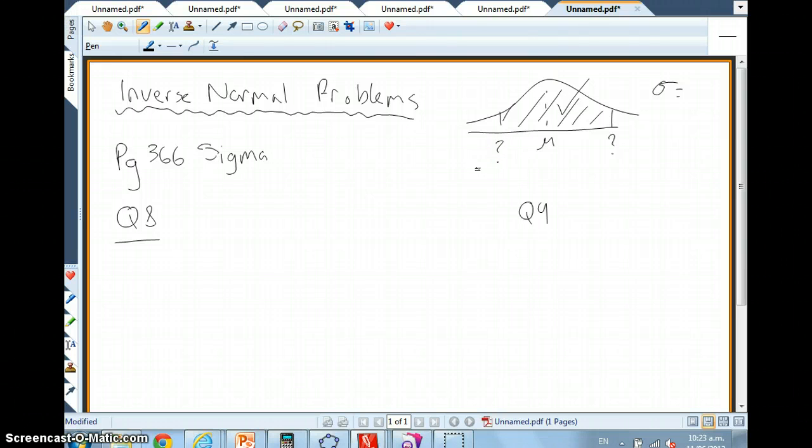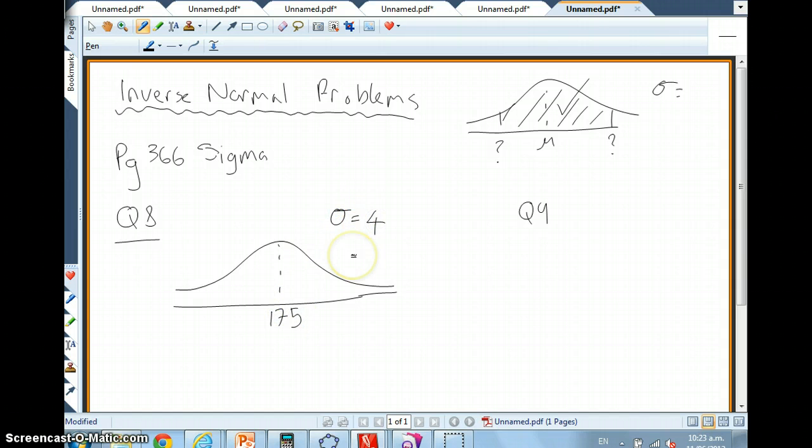I'm going to start with a question from the text, page 366, question 8. The heights of passengers on a particular airline have been found to be normally distributed with a mean of 175 and a standard deviation of 4. If I were doing this question, I would be drawing a picture, and I would put in that information on the picture: 175 and standard deviation 4.